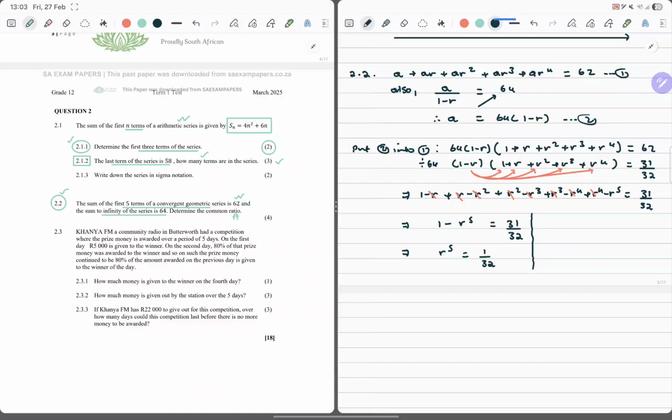Okay, let's just continue on this side. So we know that this implies that r to the 5 is equal to a half all to the exponent 5. Therefore, our r is a half. Nice and easy.